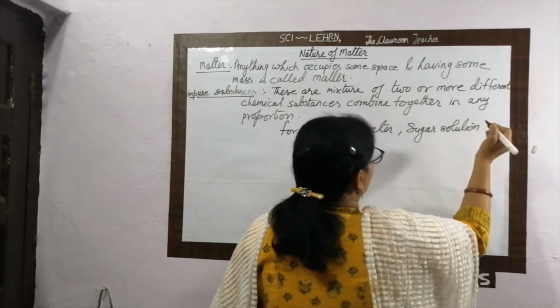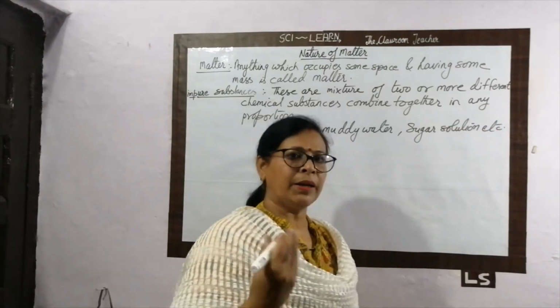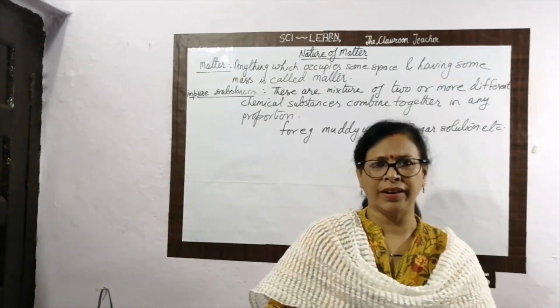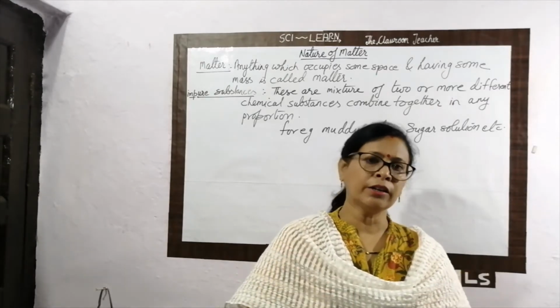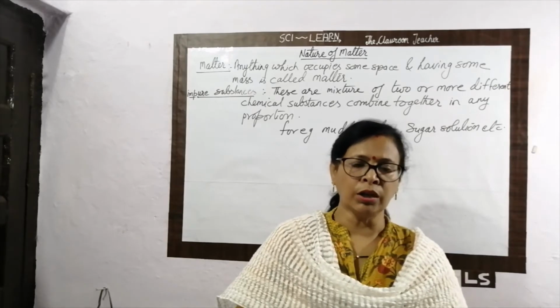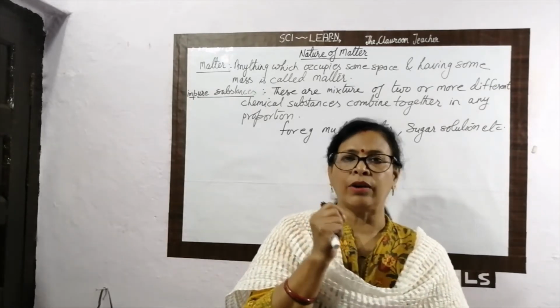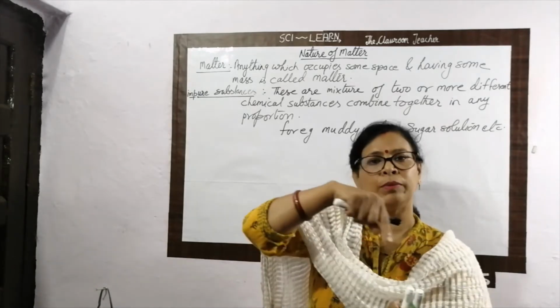Let us consider lots of different examples. Say you have to make a sweet drink, a sherbet or a cold drink, at home. Is there a fixed amount, such that your mother tells you to take 100 grams of sugar and put it in one glass of water and mix it well?